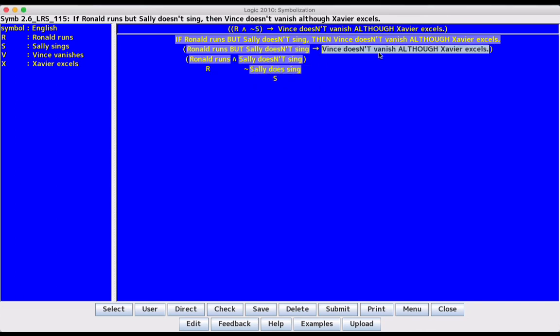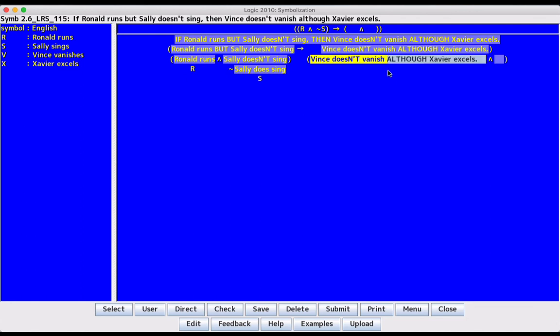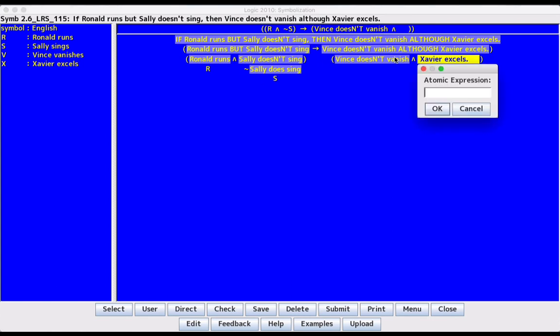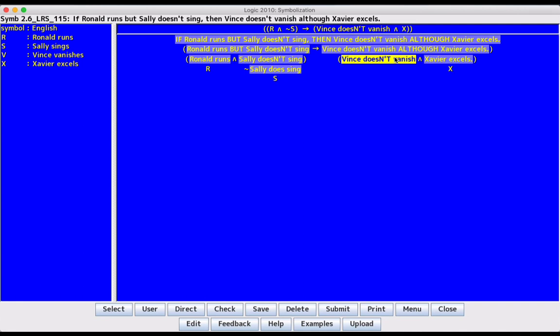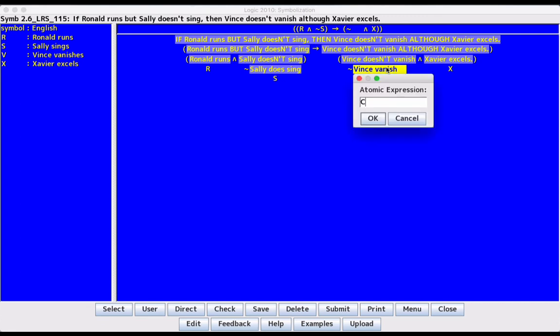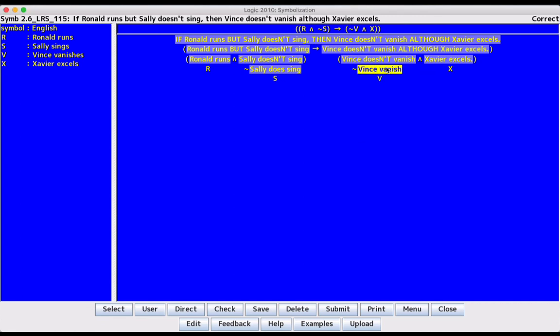Over here, we have although joining Xavier excels and Vince doesn't vanish. Although is an and, just like but. So we'll have Vince doesn't vanish, and we'll have although Xavier excels, getting rid of the although because it's symbolized by the conjunction symbol. Xavier excels is atomic X. Vince doesn't vanish, that's the negation of Vince vanishes, and so we have V. And there is our symbolization.